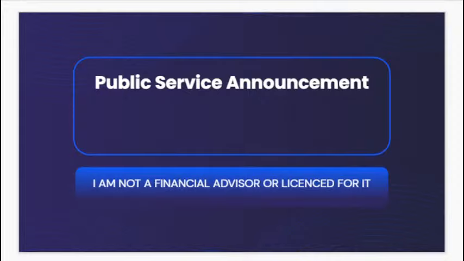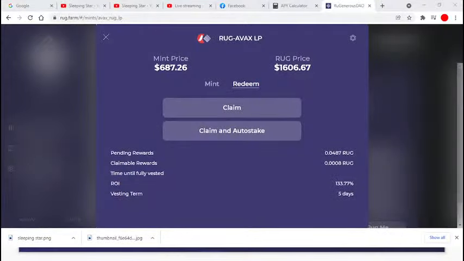Pulling it up right now for y'all. So minting and staking is simultaneously more profitable. So let me see if I can share this window with you guys currently. Give me 1 second. Alright. It's currently loading.